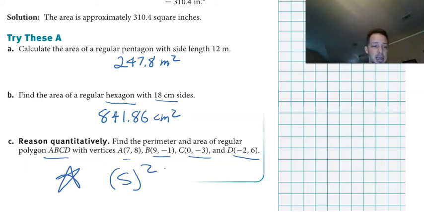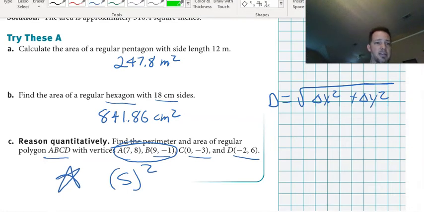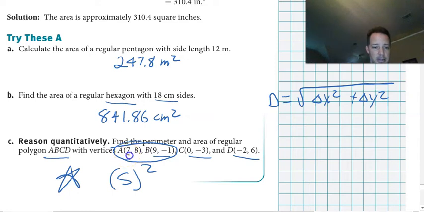So let's go ahead and pick any two consecutive points, find the distance, and then we'll get the perimeter and area. So the distance formula is just the square root of changing x squared plus changing y squared. If I look at the x values and ask how much do they change, from 7 to 9, it changes by 2.